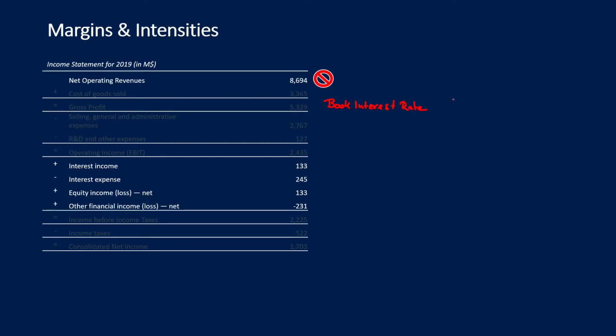Interest rate is, I think, clear. Why is it book? Because we see it here in the books. It is not the contracted interest rate, because I would guess that we see many contracts here and they are all mixed. But we see the book interest rate based on the figures that we get from the books.